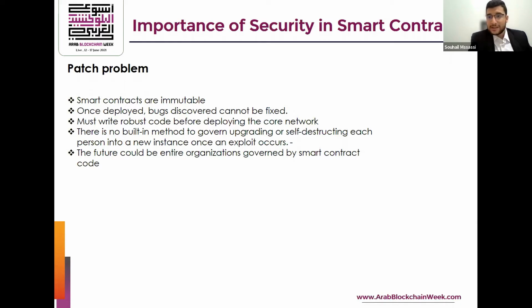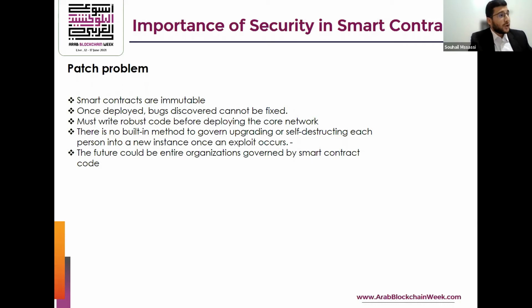As we know, smart contracts are immutable. Once we deploy the smart contract, we can't change its content. So imagine that we find a bug or a vulnerability in this smart contract. It's not as easy as just deploying a new smart contract. We should use some security patterns, some proxy patterns, to solve this problem.